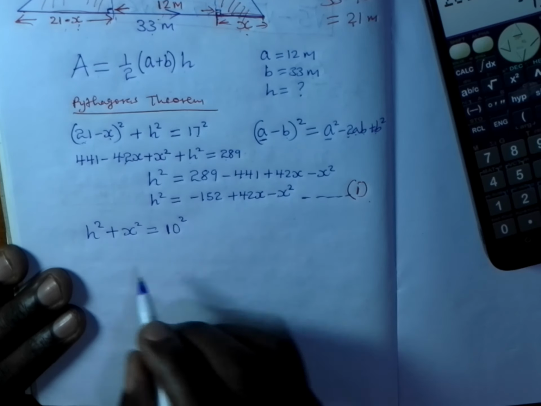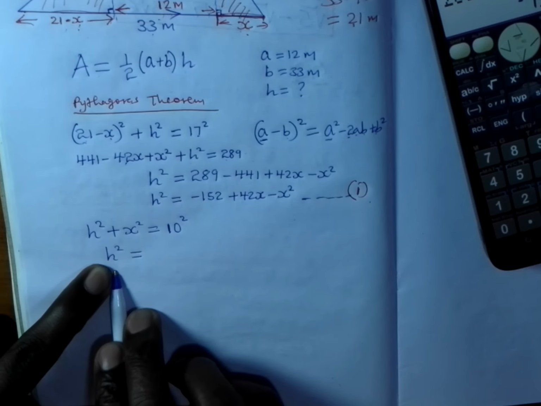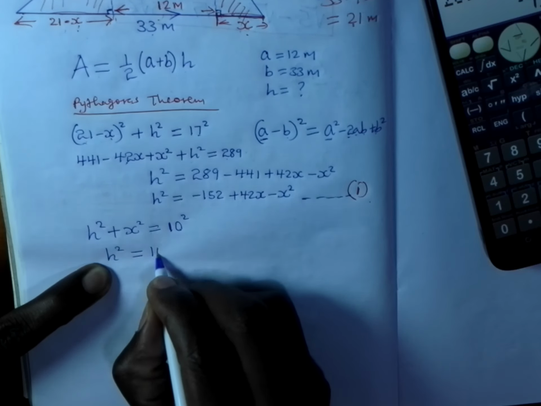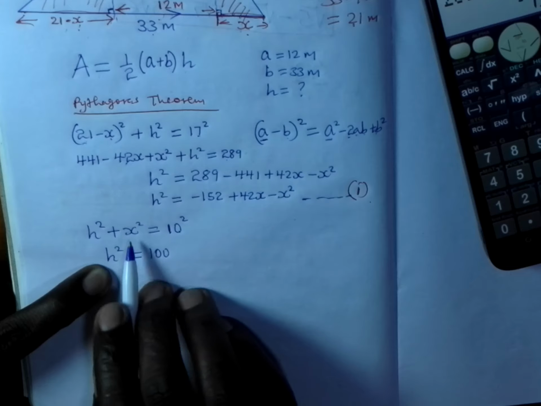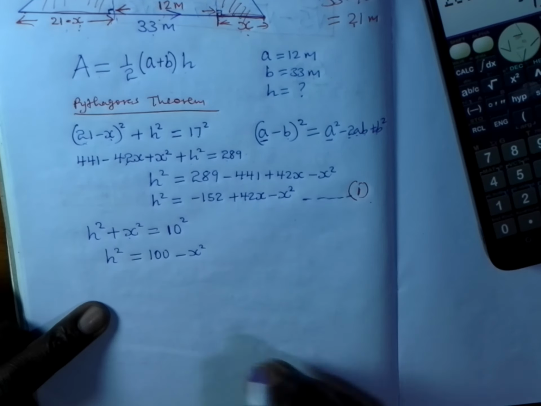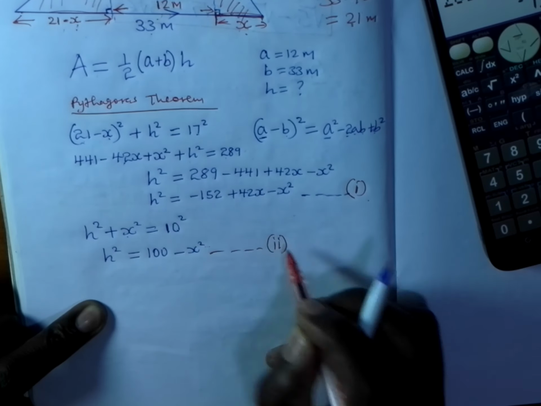So h squared will be equal to 10 squared, which is 100, then minus x squared. We can call this the second equation.